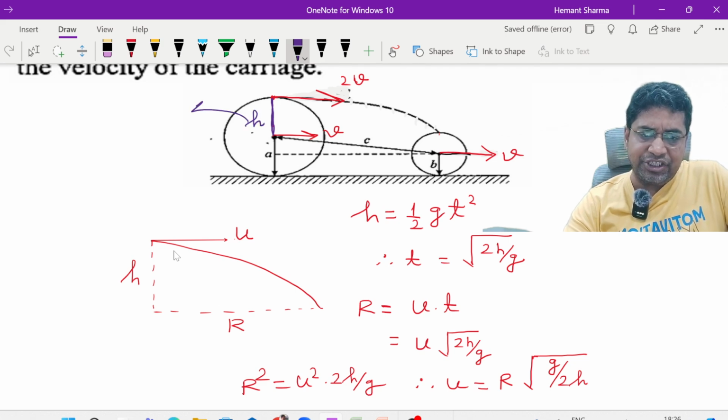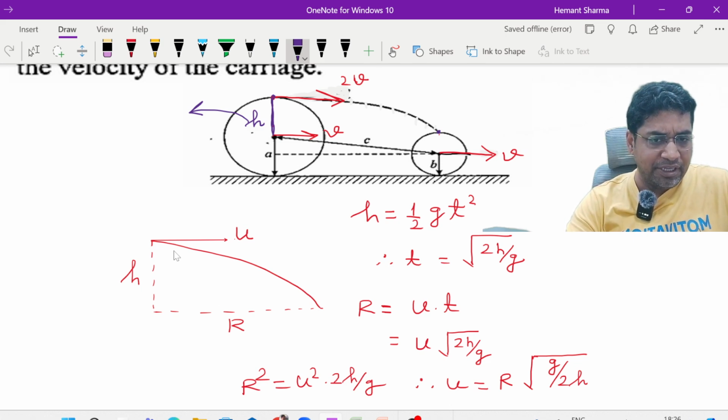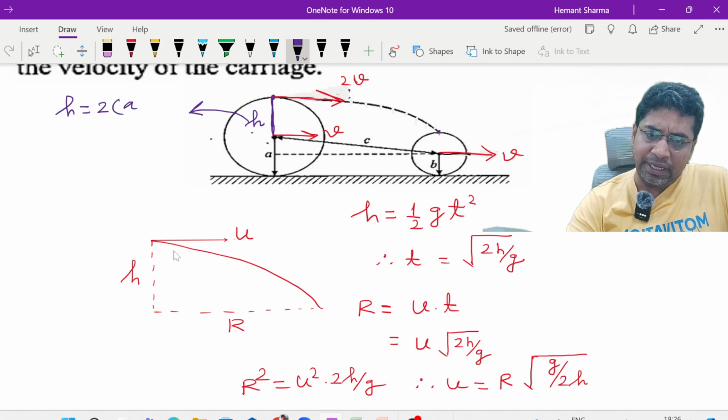This h is nothing but the height difference between this point and this point. So from the ground it is 2a and for the front wheel it is 2b. So this h will become twice of a minus b.